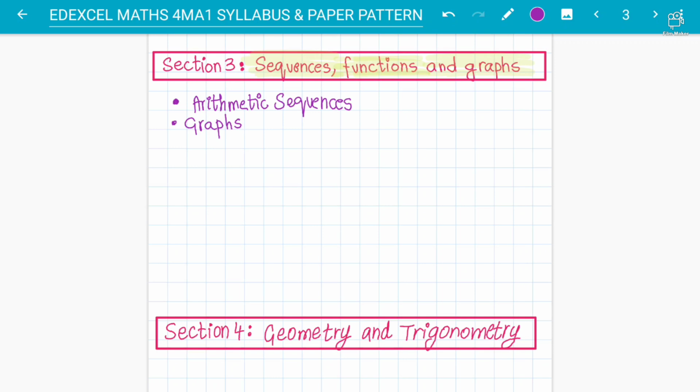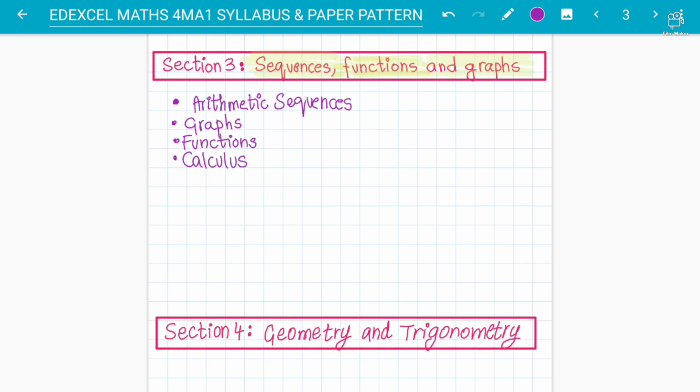Functions also get discussed here, in which we cover inverse functions and composite functions, and how to find inverse functions.